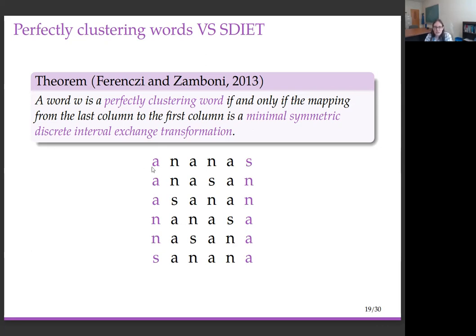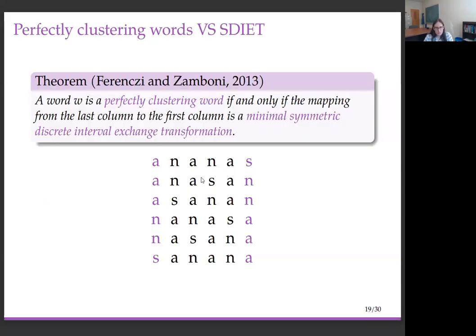And if you start at the first box, the trajectory will be the word at the top here. You can show that it will be minimal. In fact, Ferenczi and Zamboni showed that in that case, it is always minimal.